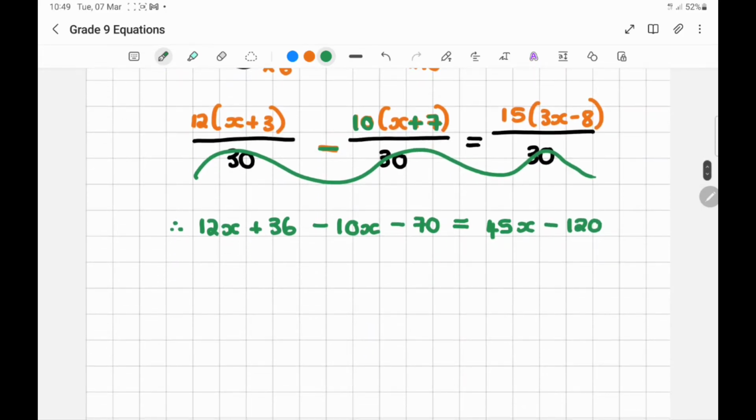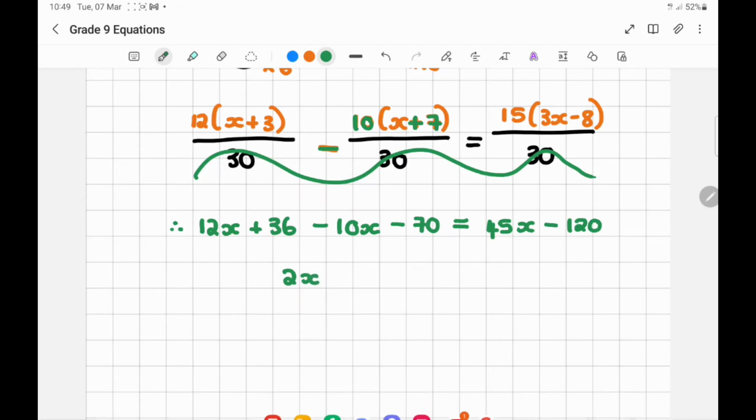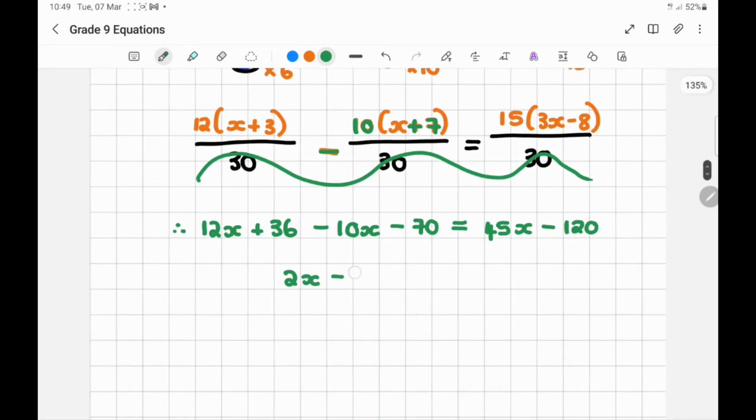Bring all your x's, simplify the left-hand side, simplify the right-hand side. 12x minus 10x is 2x. And 36 minus 70 gives you negative 34. And that side, there's nothing really to simplify with.